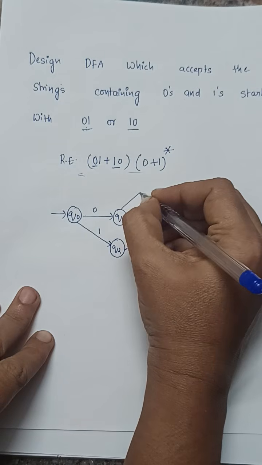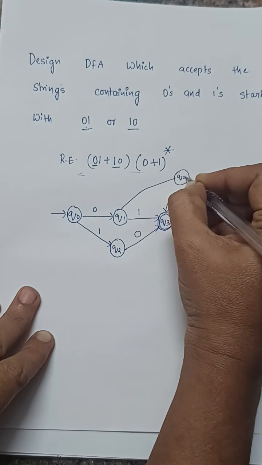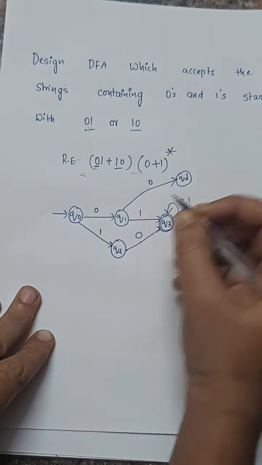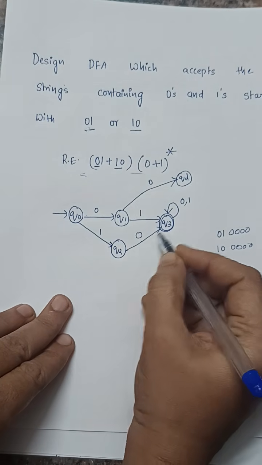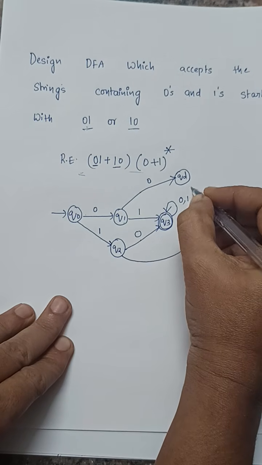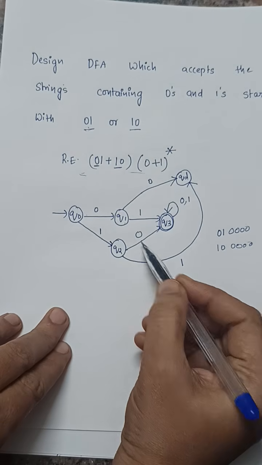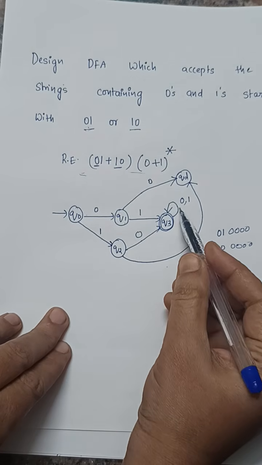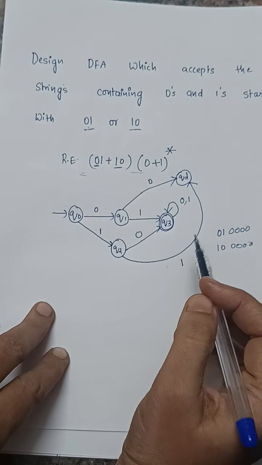So what we should do, we should take one dead state called QD with 0 as the input symbol. Similarly, Q1 having 1 and 0, Q2 is having a transition only with 0. So with 1 we will take that to the dead state. So Q2 is having transitions with 0 and 1. Q3 is having transitions with 0 and 1. Now all the states are having transitions with 0 and 1.